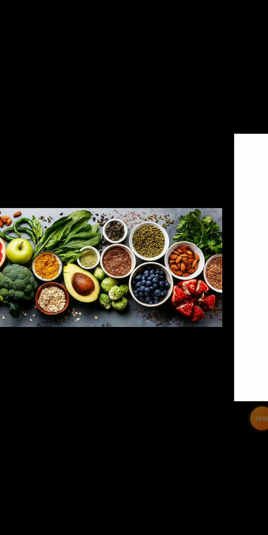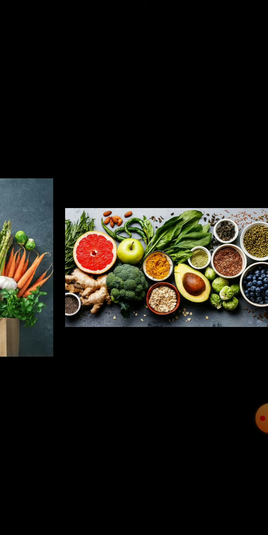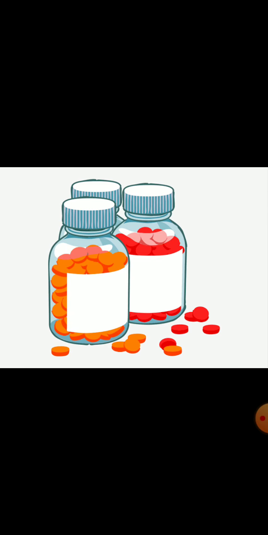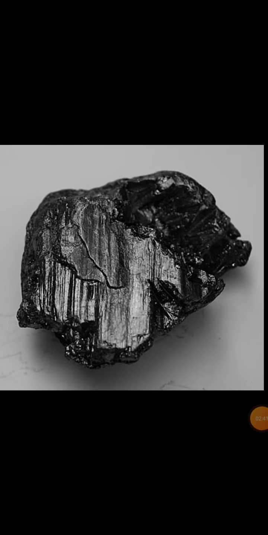So from all these examples, we can conclude that the food which we eat, clothes, the medicines, the books, or many of the things which we use in our daily life, all are based on the versatile element which is carbon.